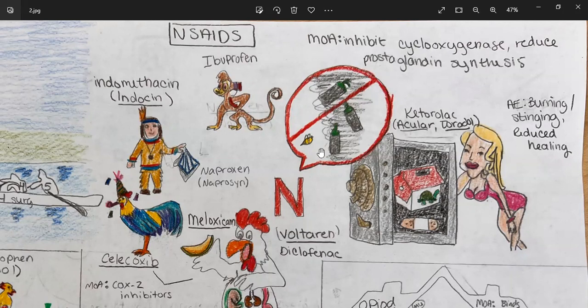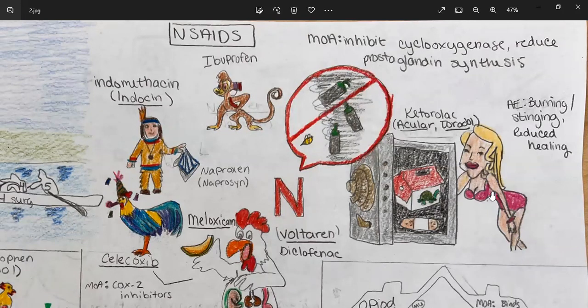The way I had this shown is, first of all, this is an N saying something for NSAID. Then we have some oxygen tanks in a tornado, a cyclone, which is how I remembered cyclooxygenase.